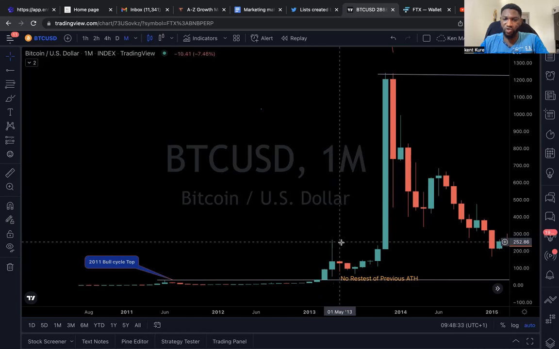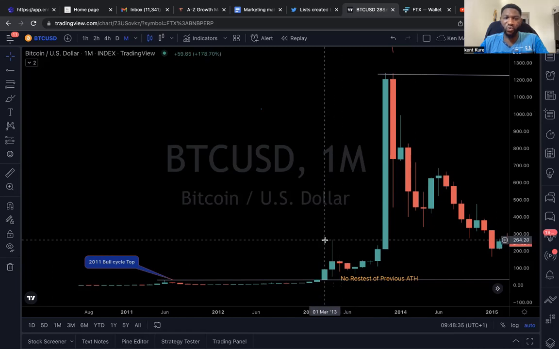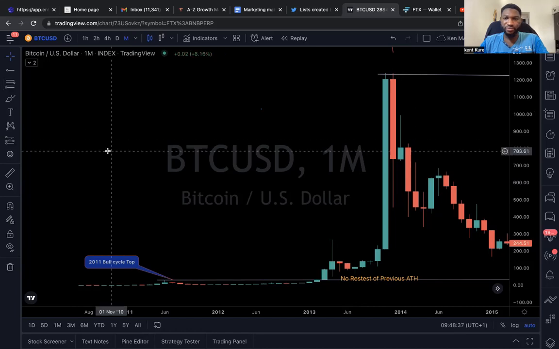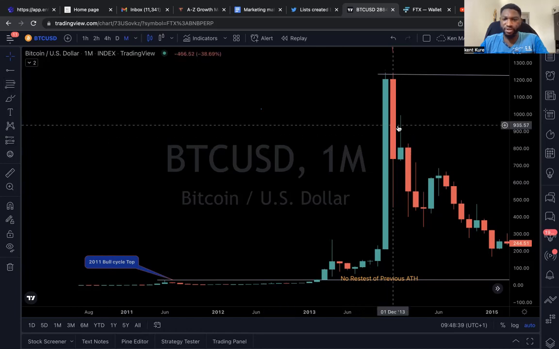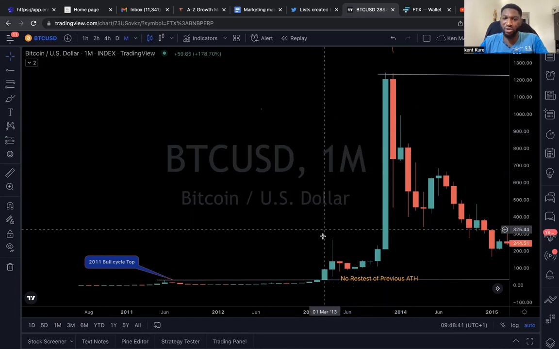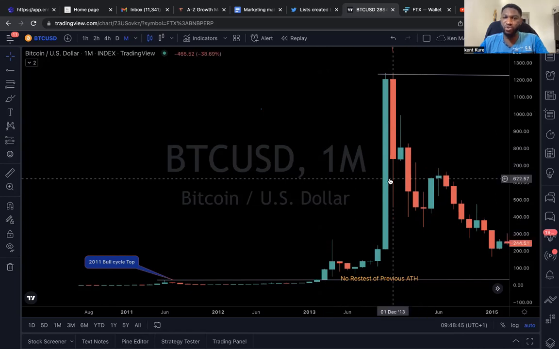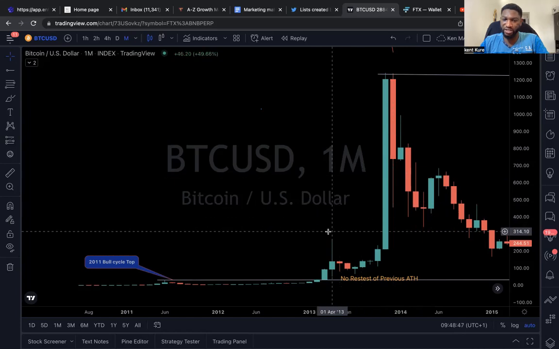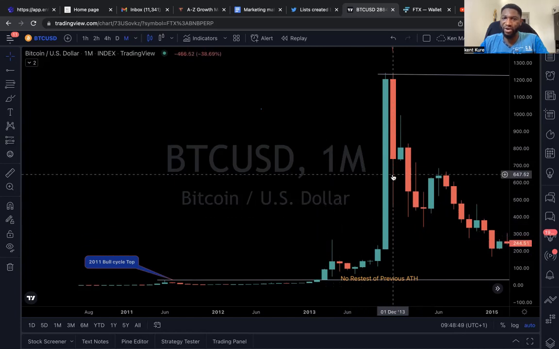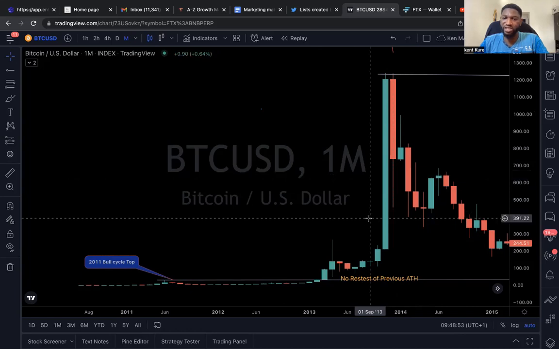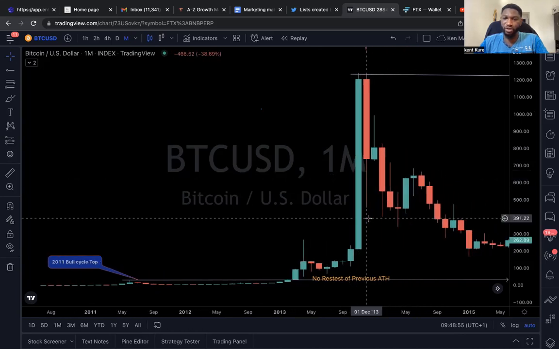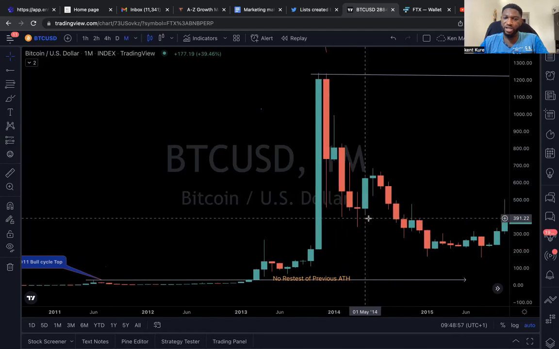This was in 2013. We can as well call this a bull cycle top. But because we had two bull cycle tops in 2013, one in April and another in December, it's safe to just take one of those tops for the year.